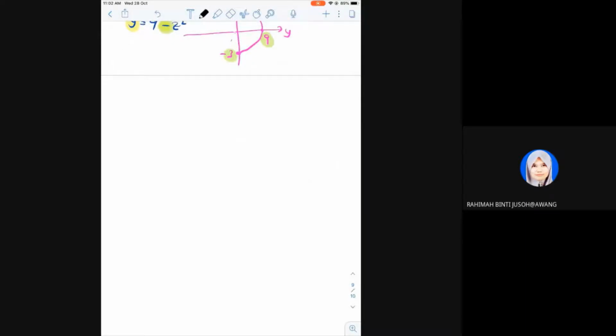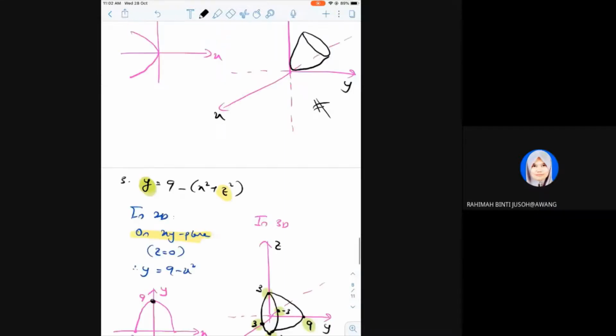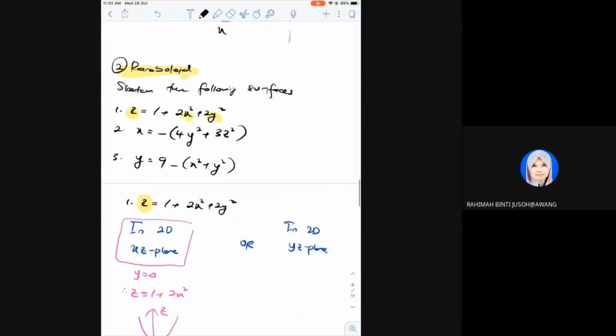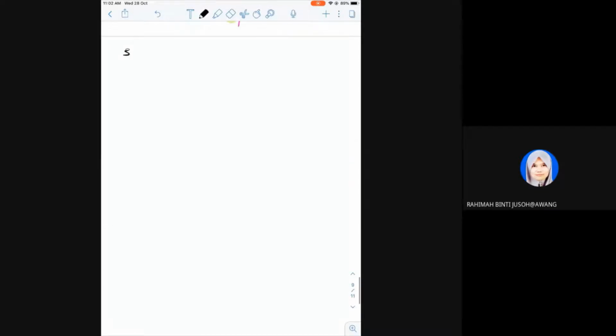Okay. Question number 3. Shape number 3. We have cylinder. Right? Tadi apa bentuk apa yang tadi? Paraboloid. Number 3 we have cylinder. Cylinder ni dia mudah sikit. Okay, sketch the following surfaces.